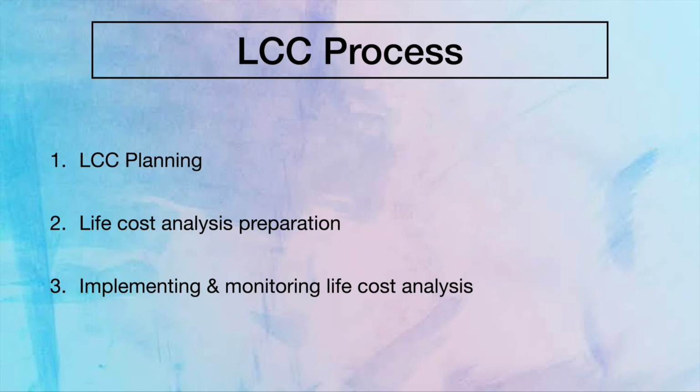Third one is implementing and monitoring. That involves continuous monitoring of the actual performance. So often it happens that what we plan or what we expect out of the product might not match the performance of the product.